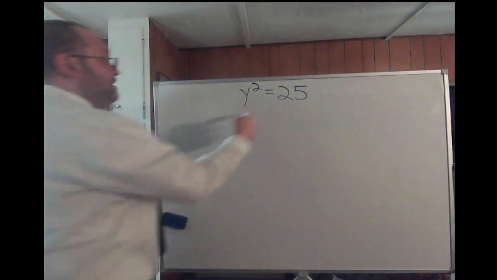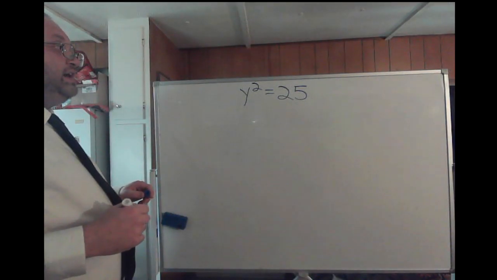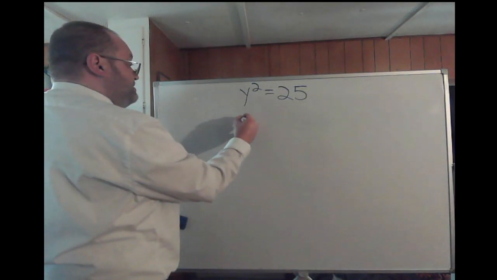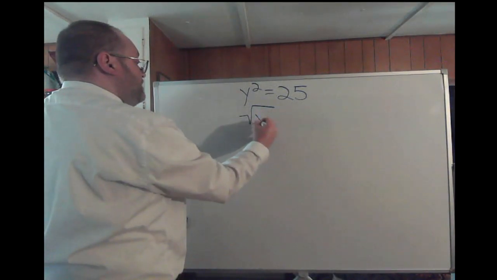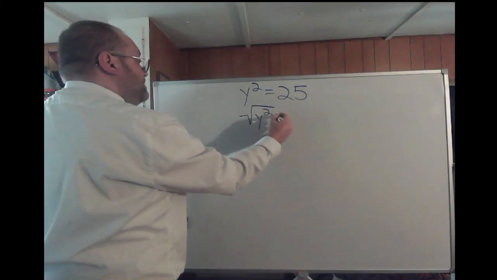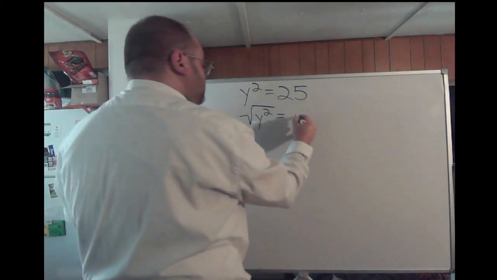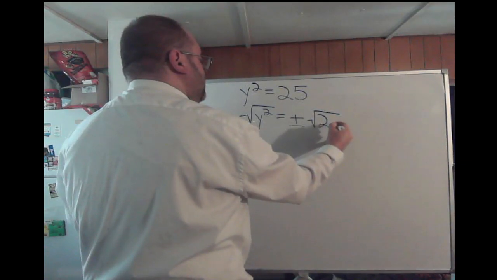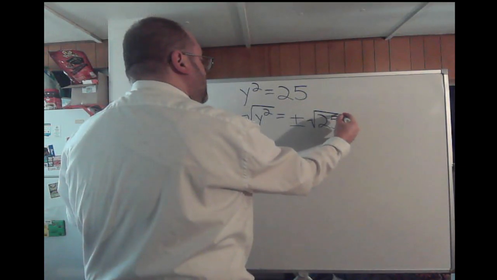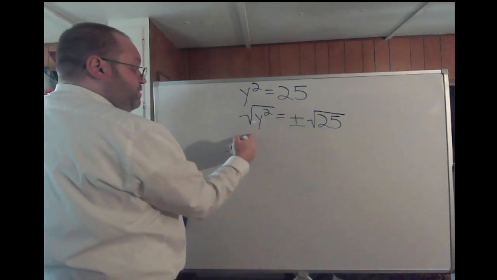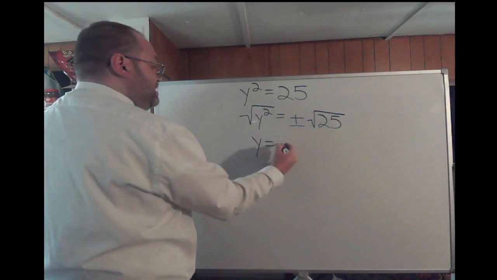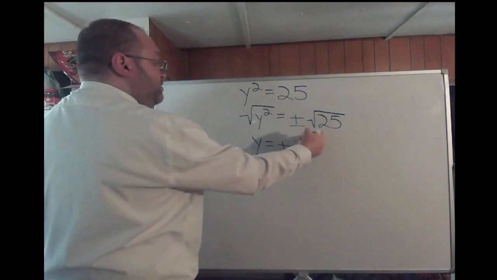Alright, let's say y squared equals 25. So you got something like y squared equals 25. Well, of course, to get y, you take the square root of y squared. You'll set that equal to plus or minus the square root of 25. So the square root of y squared on the left, that's just y. That'll be equal to plus or minus whatever the square root of 25 is.